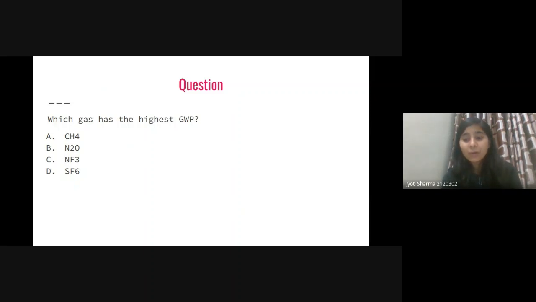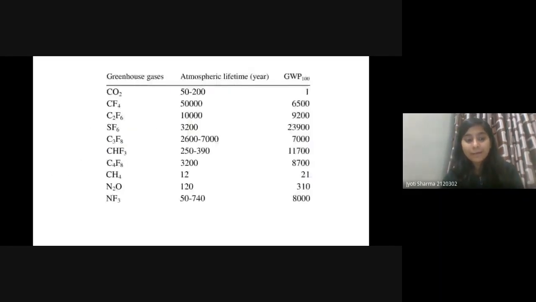Can you tell me the global warming potential of SF6, sulfur hexafluoride? It is in thousands. I show you here the global warming potential. For carbon dioxide, it is 1, because we are comparing the power of each gas to carbon dioxide.